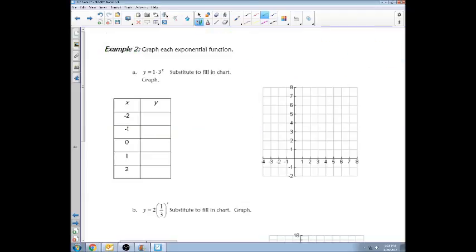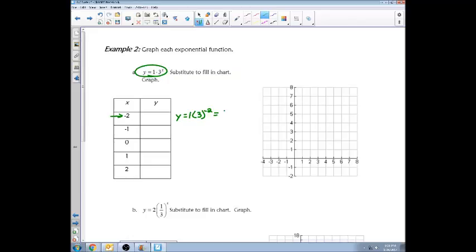Graph each exponential function. We're going to do the same thing with our table that we did when it asked us to evaluate once it gives us domains. So what I'm going to do is, for x is -2, I'm going to take this equation, so y equals 1 times 3 to the -2nd, and I'm going to solve for my y, which means I have to evaluate that equation.